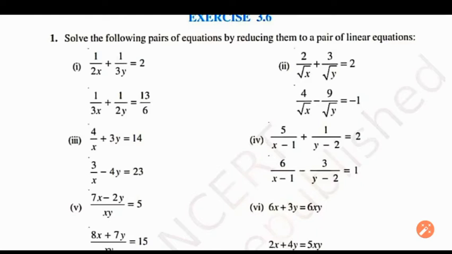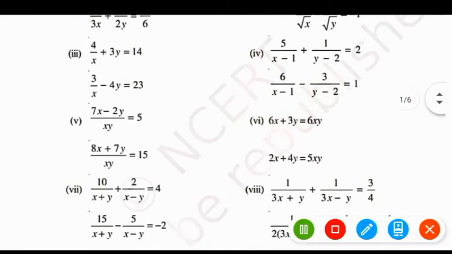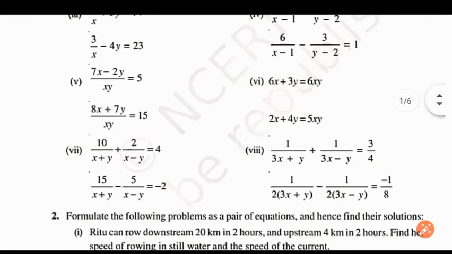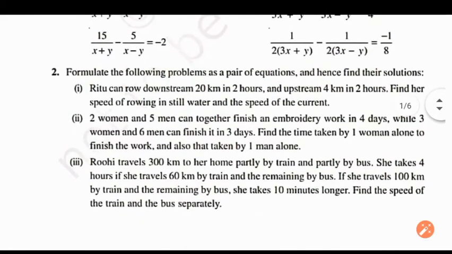So let's solve. Let me tell you which question I am going to solve. I am going to solve sub part 1, then sub part 4, and then we have sub part 8. Okay, so with the help of these three questions which I am going to solve, you will be able to solve rest of the sub parts. Now see, we have one more question here in this exercise, question number 2.